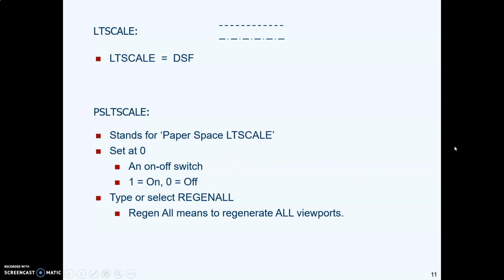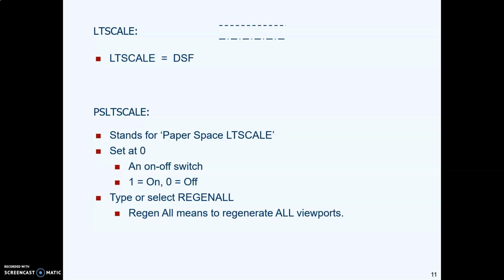So you'll do that, and then you'll say, hey, my dashes didn't change. What's going on here? So then you need to type REGENALL, which is short for regenerate all viewports. What's happening is you might set your PSLTSCALE, turn it off, and AutoCAD is still retaining a picture from its memory back in the days when you had it turned on.